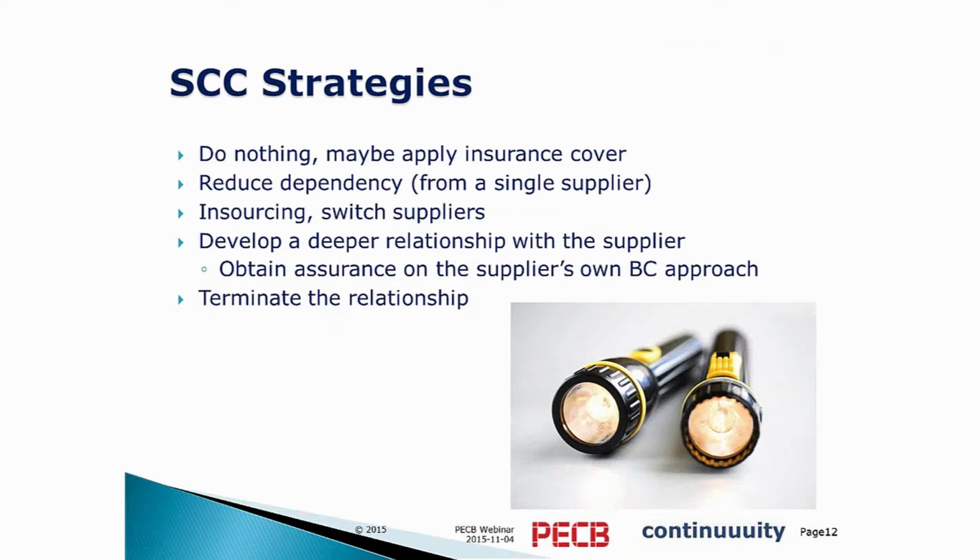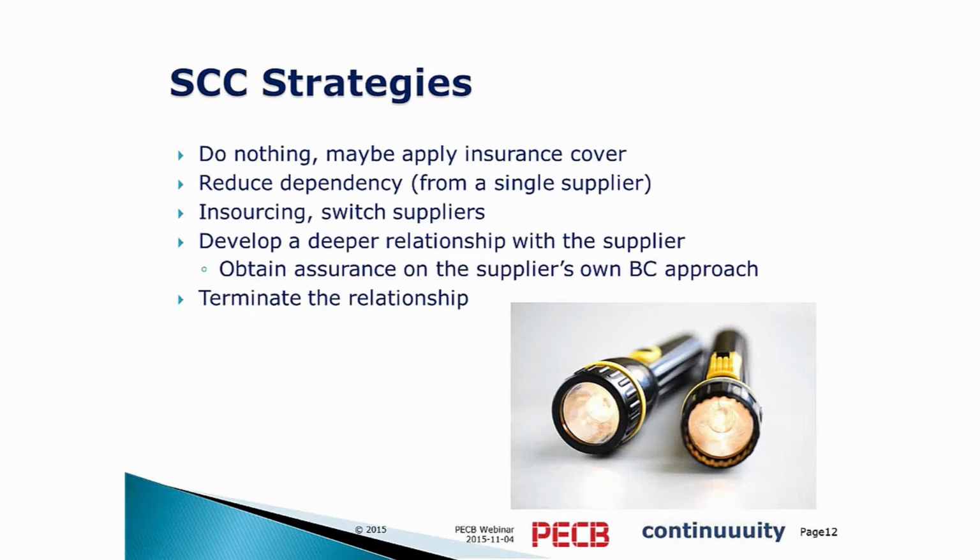Then, as an example, we may use the principle of insourcing. So if we do not trust our suppliers, or if the critical supplier is not willing to help us, or does not give us a good feeling or an assurance that his operation is stable, then we might need to decide that we are going to produce the parts which we buy from him by ourselves, and reduce or eliminate this dependency.